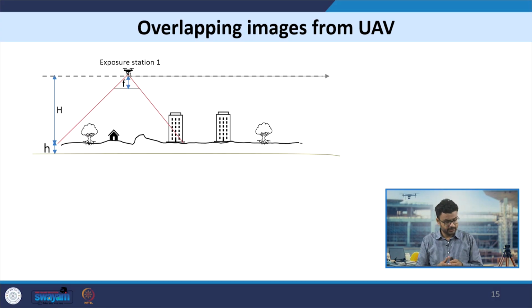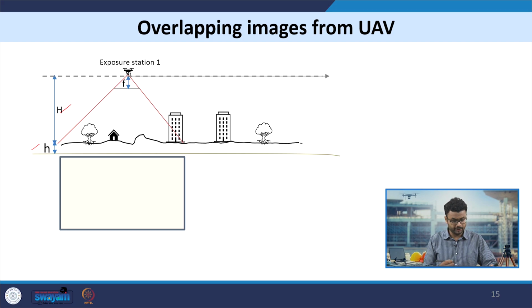So, let us look at this setup now. We have this drone flying at exposure station 1. This is where it is taking a photograph, focal length is f, flying height above the ground is capital H, and the terrain is situated at small h above the datum, and there are different objects. And this is the image acquired by the drone at exposure station 1. Now, the drone moves to exposure station 2, and as we saw, the distance between the exposure stations is called airbase.